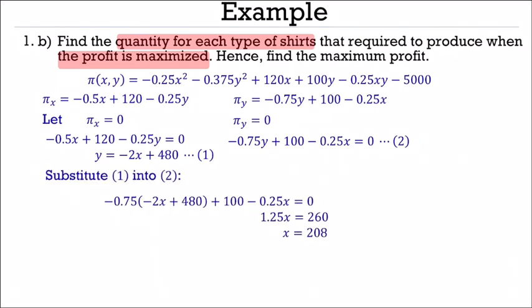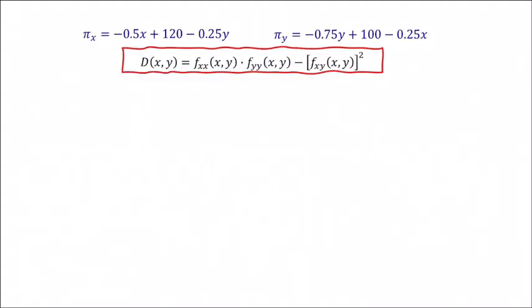Use the substitution method to solve for the values of X and Y. Before we find the maximum profit, we have to prove that maximum profit exists by using the second order partial derivative test. So, find the second order pi sub double X, pi sub double Y, and pi sub XY.